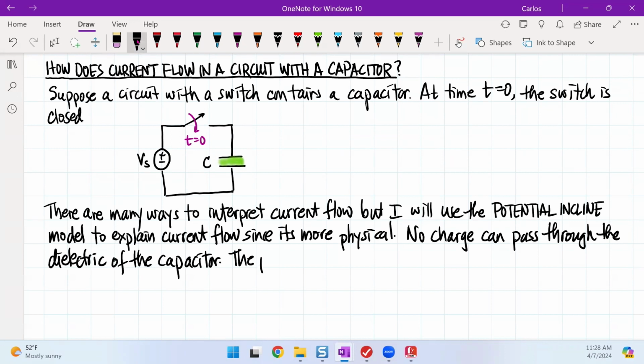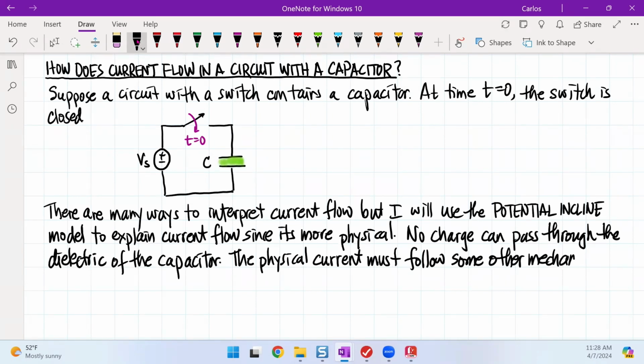The physical current therefore must follow some other mechanism. I will do this in steps.